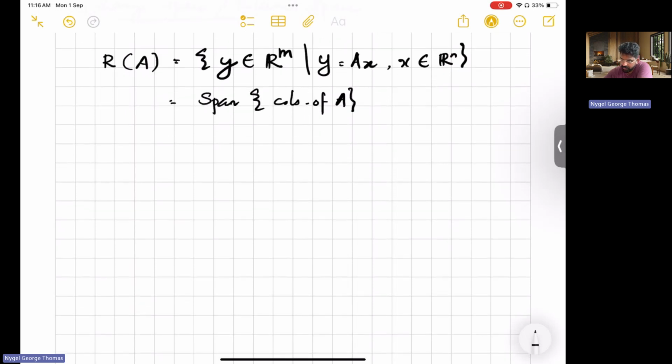So what does that mean? We have a matrix A, which has columns A1, A2, etc., up to An. Is it An or Am? N columns, right? N vectors.